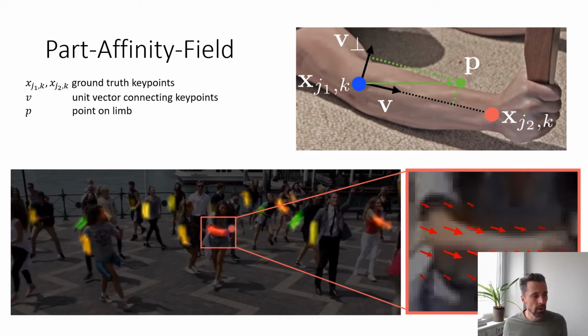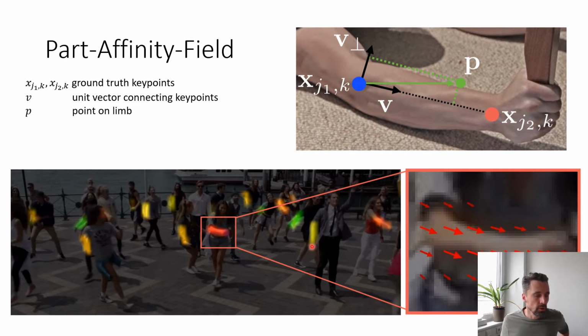If you zoom in on the Part-Affinity-Field for this input, each pixel now has a vector quantity, with X and Y components for a vector that points in the direction from the elbow to the wrist.